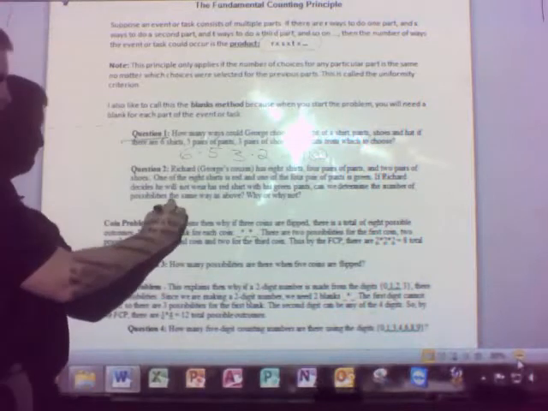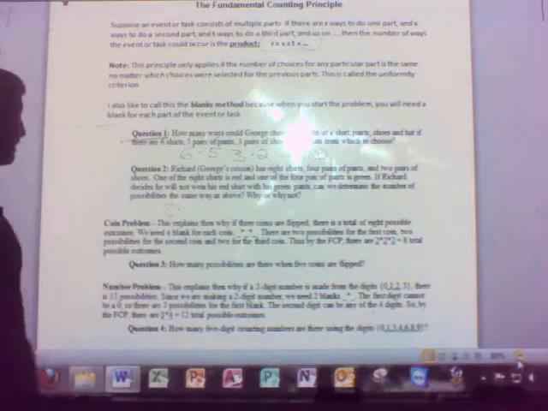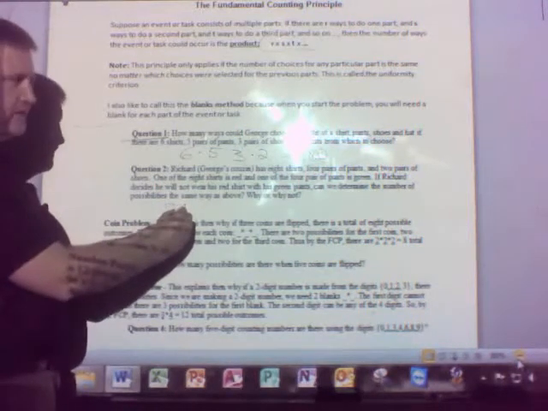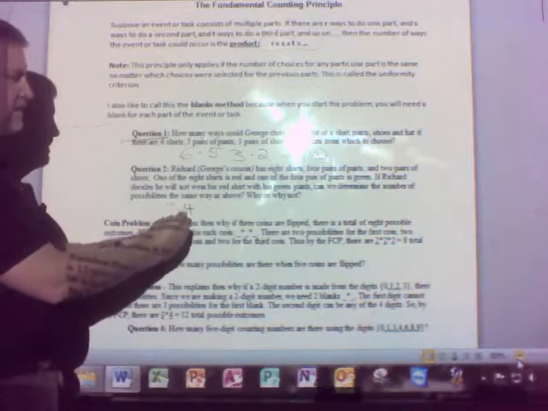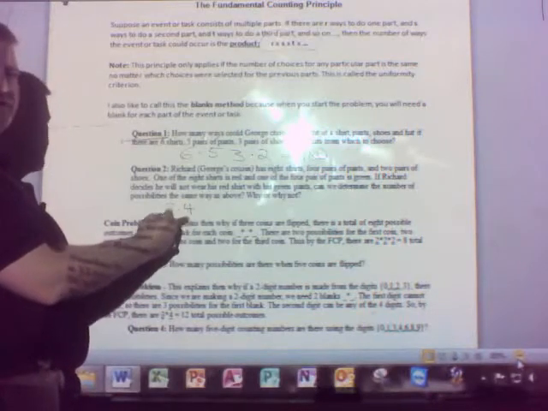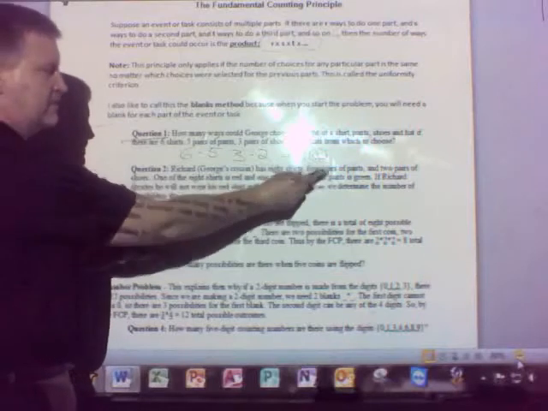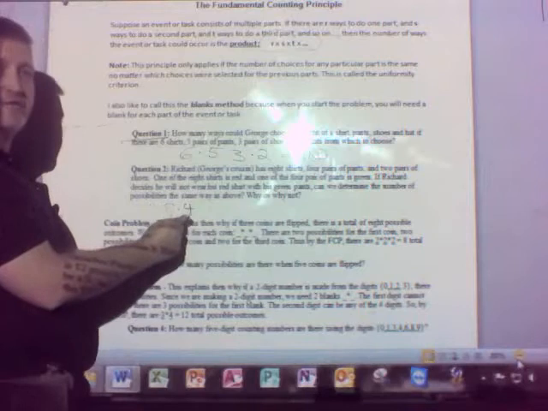Well, let's think about it. All right, so he has 8 shirts. For this to work, then he would have to have 4 for every one of those 8 shirts. But is that true? Does he have 4 for each one of these shirts? No. If he's not going to wear his green pants with his red shirt, for the red shirt, he has only 3 options.